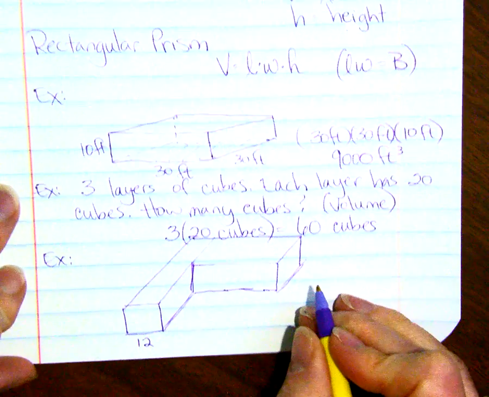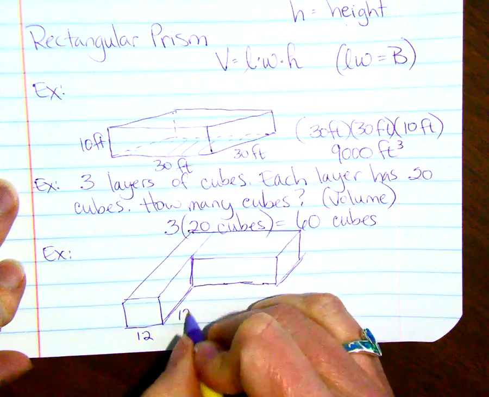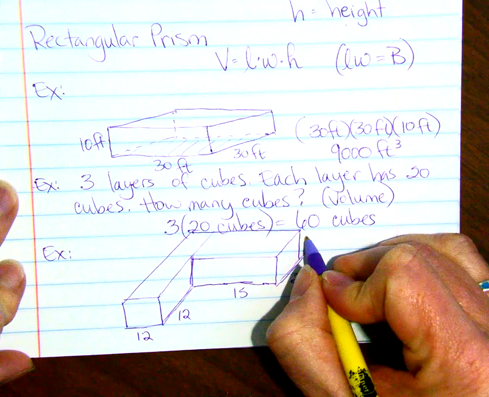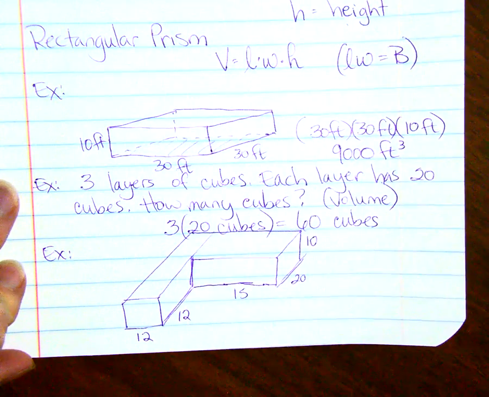So this is 12. This is supposed to be 12. This one's 15, that one's 20, and this height is 10.